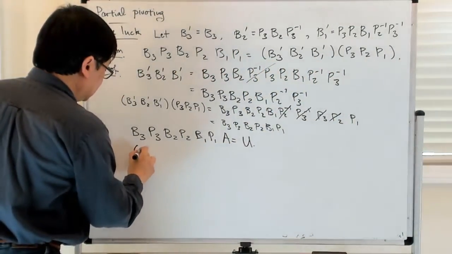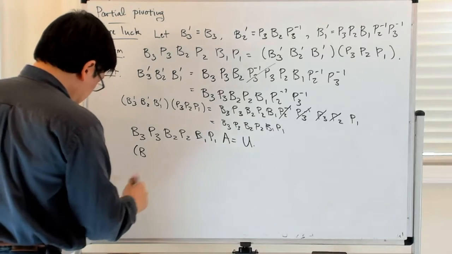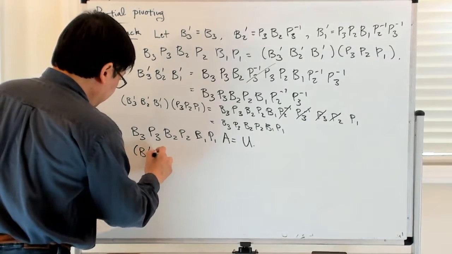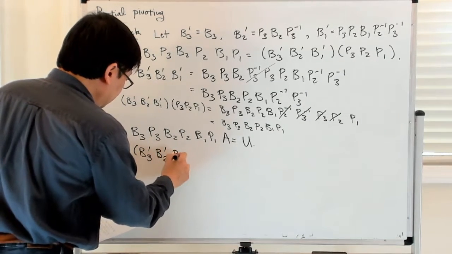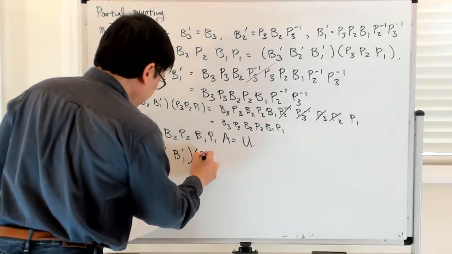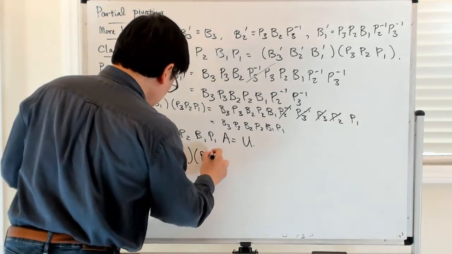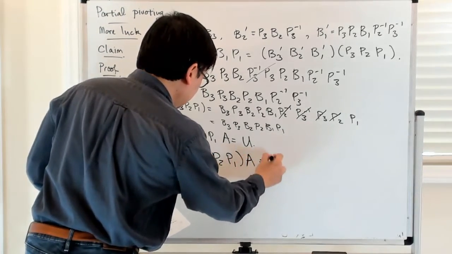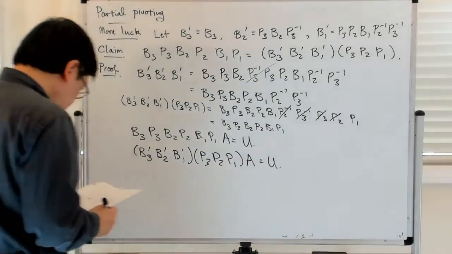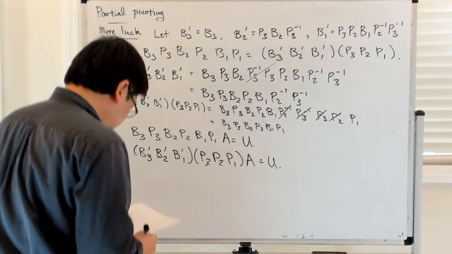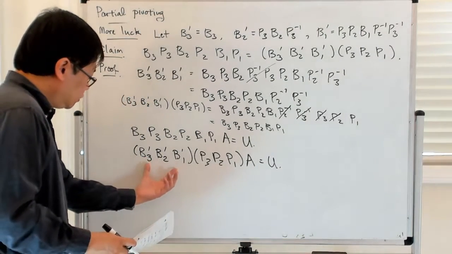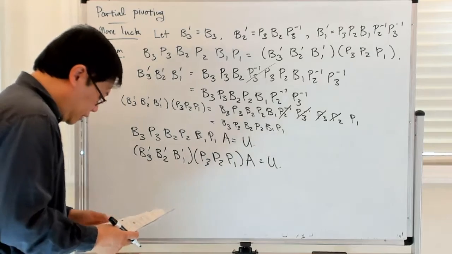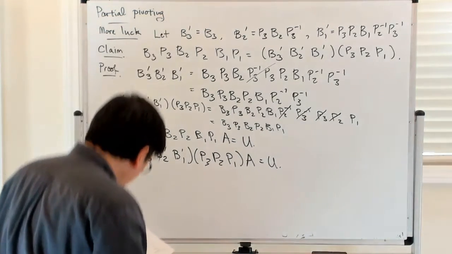So this is B3 prime, B2 prime, B1 prime acting on P3, P2, P1 times A is equal to U. All right, and then as with before, these expressions have some nice ways of writing them down.